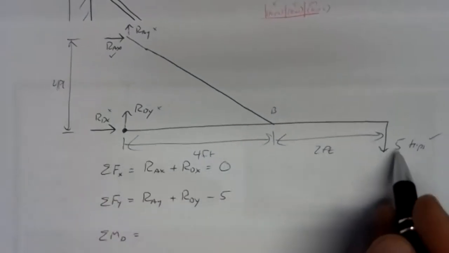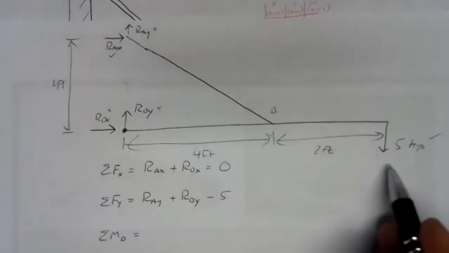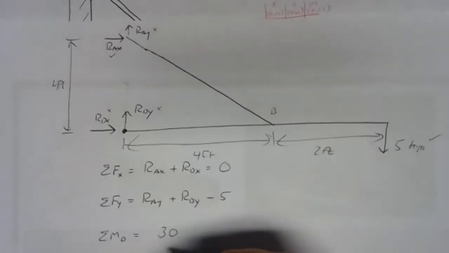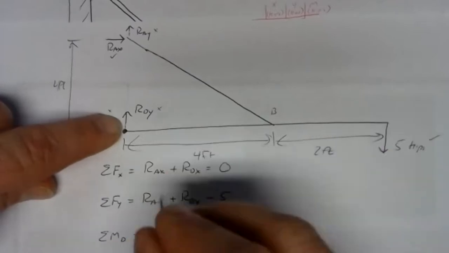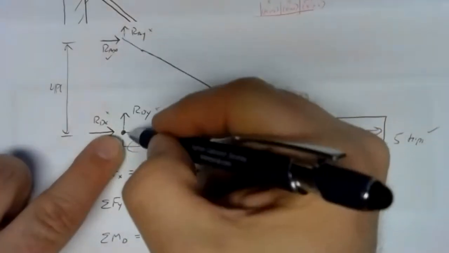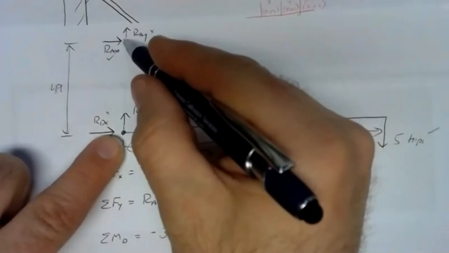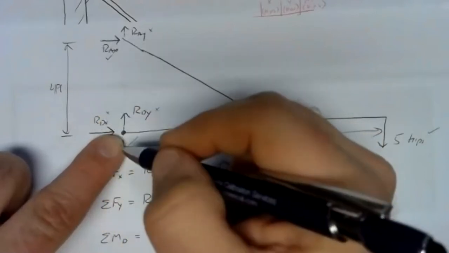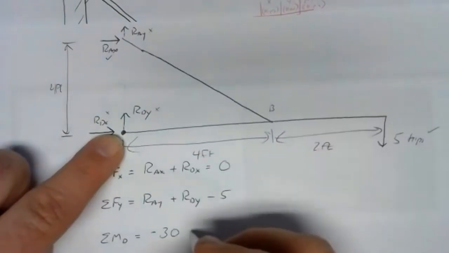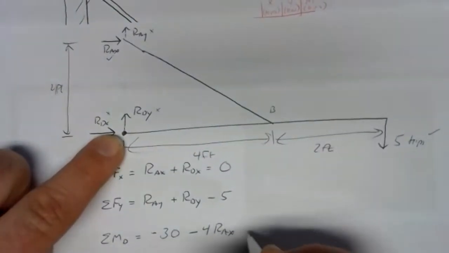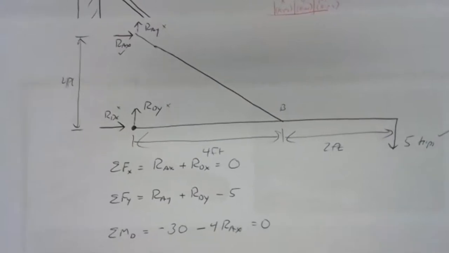The arm for the 5 kip force is 6 feet. So we have 6 times 5, 30. And that would be a clockwise moment, so it's negative. And then we've got the arm for RAX is 4 feet. That would also give us a clockwise moment based on the assumption that we've drawn here. So that's negative 4 RAX. And that equals 0.